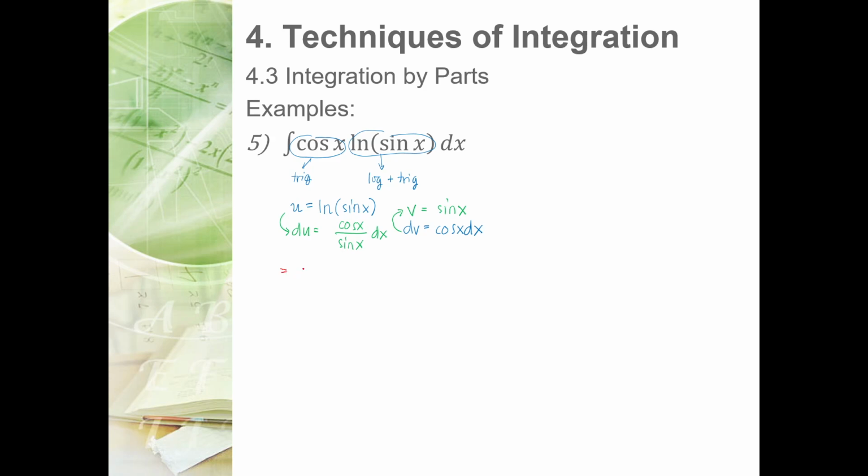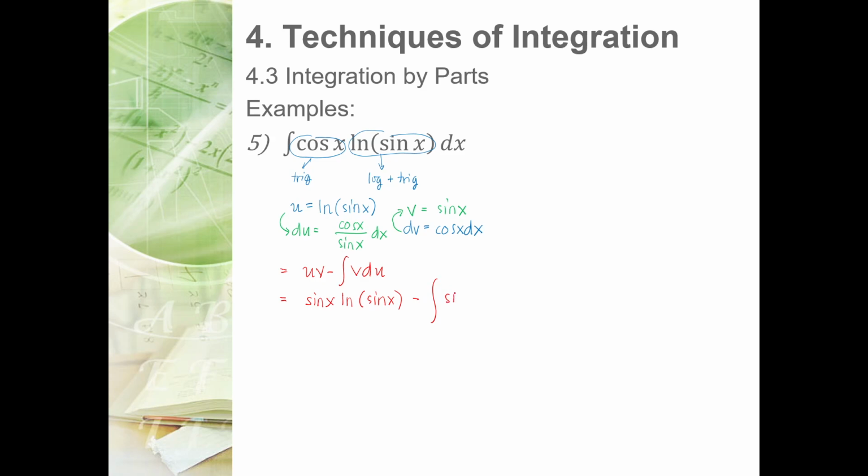So next is uv minus integral of v du. Okay, so this would give us, so again, try to arrange it in order again. Sine x and then ln of sine x minus the integral of v du.